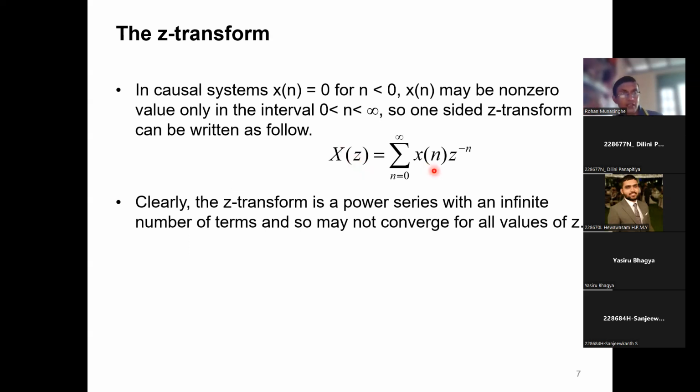And on the right hand side, it is summation. This is easier than Laplace because Laplace is integration. Laplace is integration, okay? Whereas this is just summation, which is easier to calculate. And summation of what? x[n] z to the minus n.